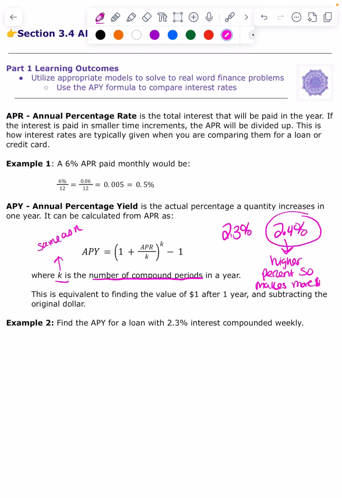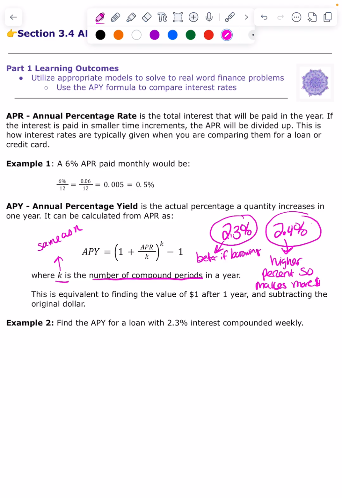Now, if you're borrowing money, then you'd want it to be 2.3%, so better if borrowing, because you want to pay less money in interest rate. But what if I give you one that's, you know, these have the same compounding period, so the only thing you have to look at are the rates.